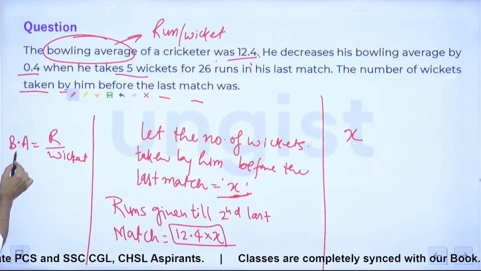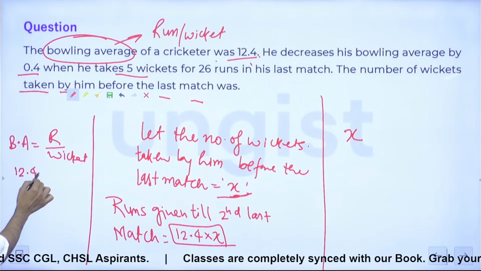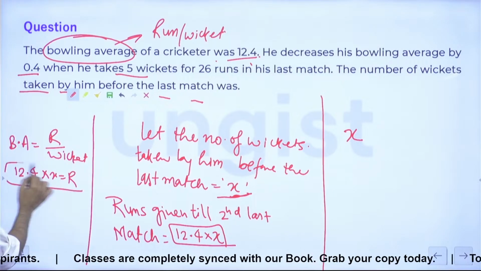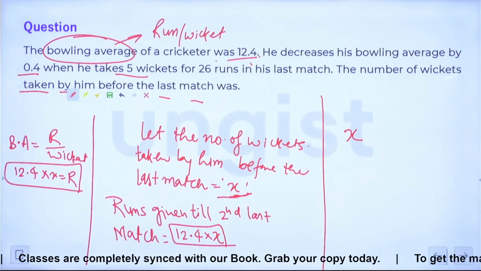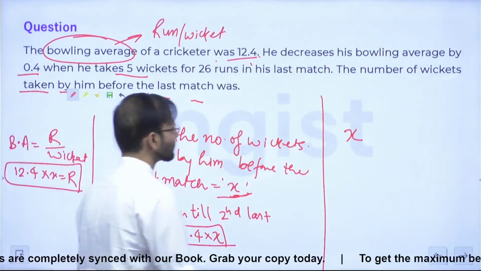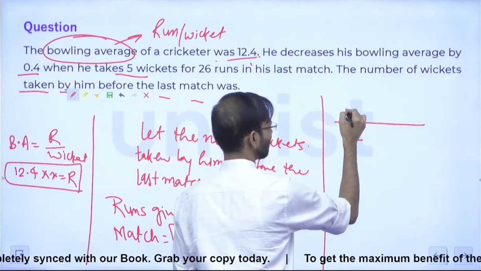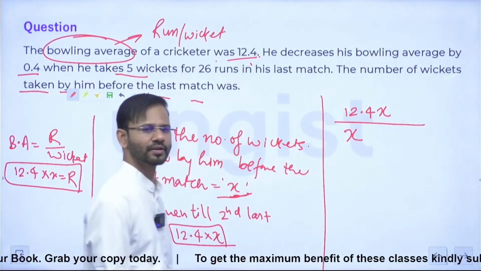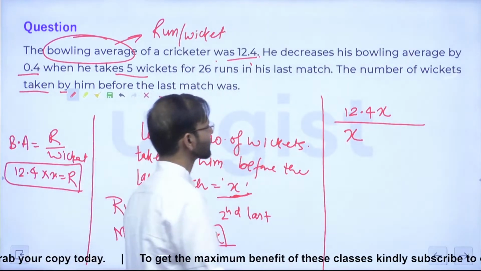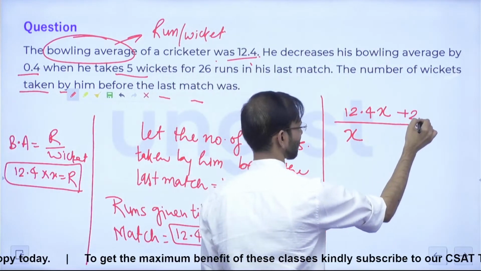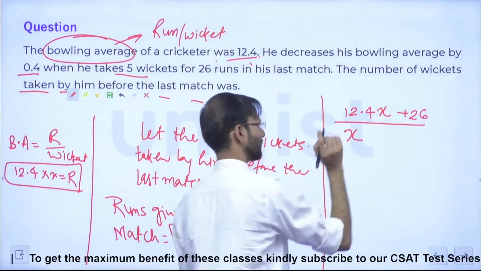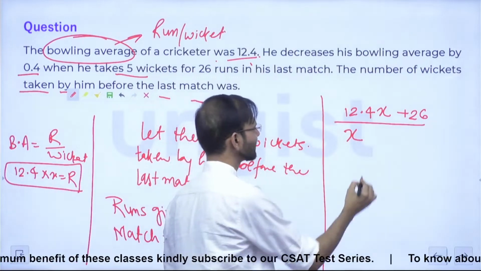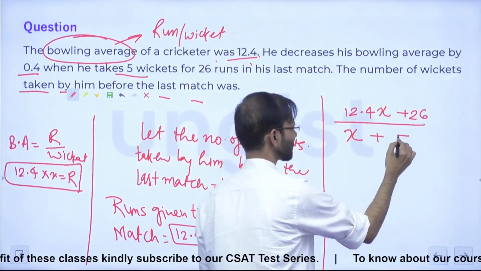So the bowling average is given as 12.4 and the wickets taken we have assumed as x. So runs given till the second last match will be 12.4 into x. Yes or no? Clear? Everybody clear? In the last match he has given 26 runs. So till the last match he has given these many runs, guys. And till the last match he has taken x plus 5 wickets.